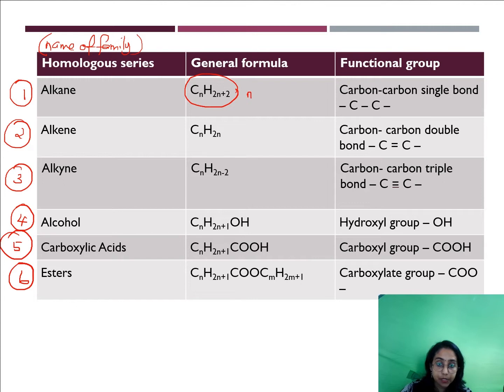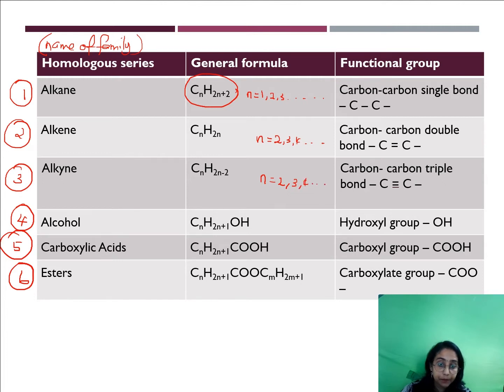But as a chemistry student, you should know the value of n must start with 1, 2, and so on for alkane. Whereas for alkene, the minimum required is 2. So it starts with carbon 2, 3, 4, and so on. And for alkyne, it is also the same, because to form a triple bond, they need a minimum of 2 carbons. They don't have 1 carbon here.